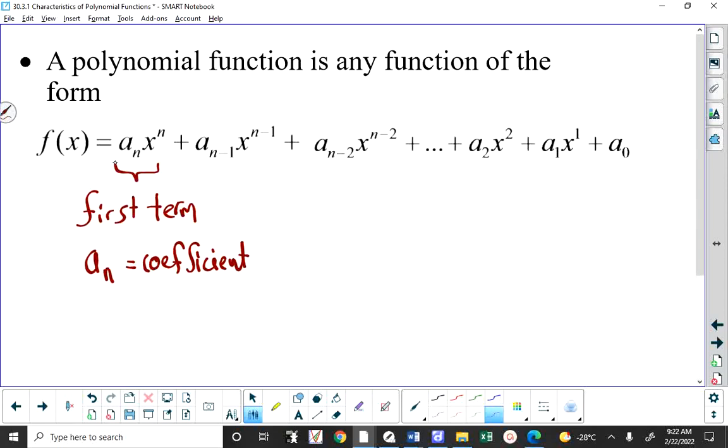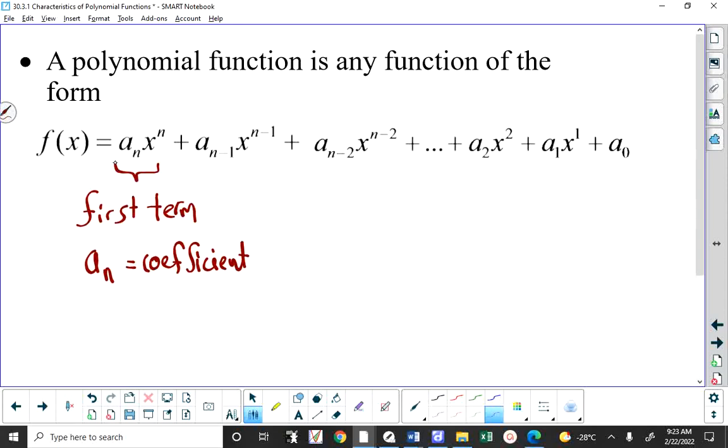A sub n minus 1 would be the coefficient of the next term. All of these a's with the subscripts are just coefficients. So when you talk about n here, I'm going to give us an example to begin with. You have limited space here, I understand that, but if you decide to write this down, that's fine. I would prefer if you just pay attention and think and listen.